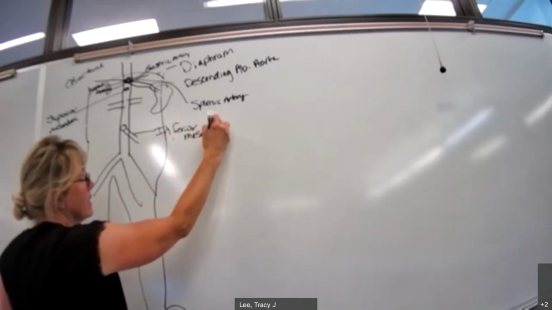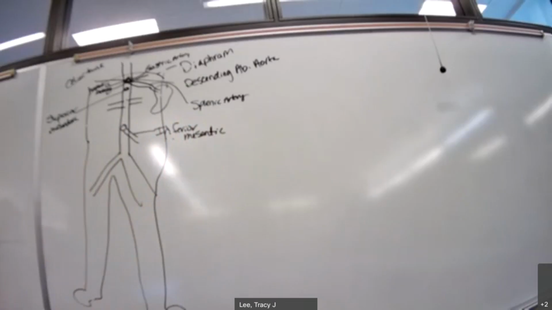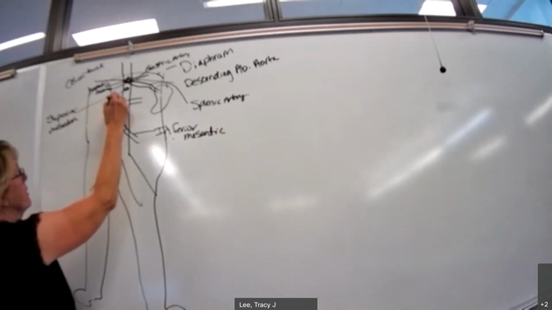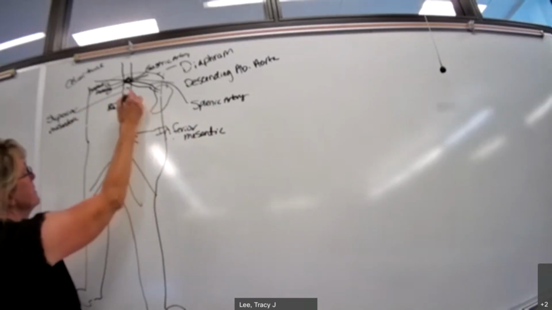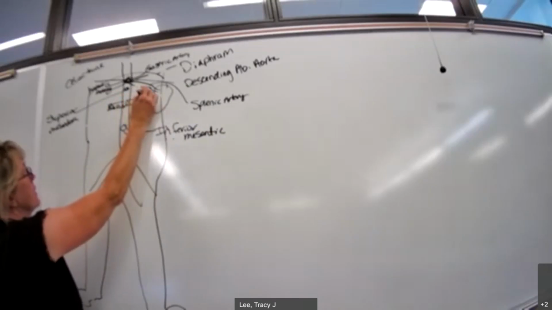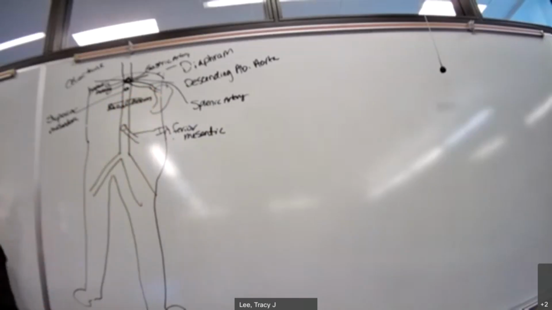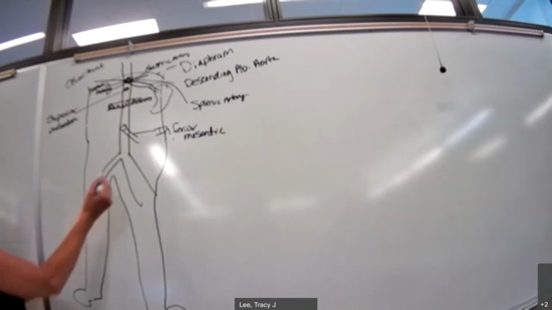What do you think it's feeding? These are renal arteries. What are mesenteries? Part of the intestines, right? So inferior mesenteric's feeding my lower intestines, large and small.